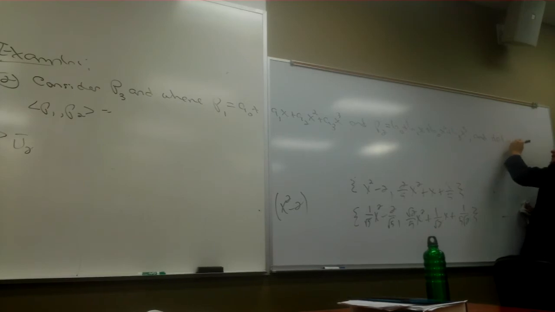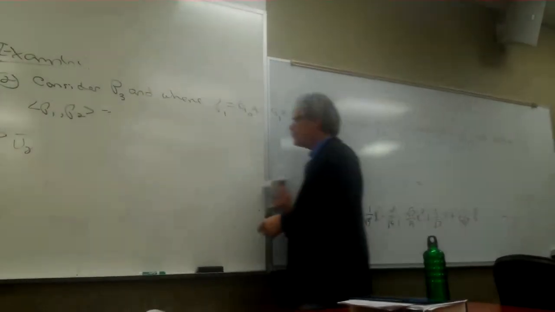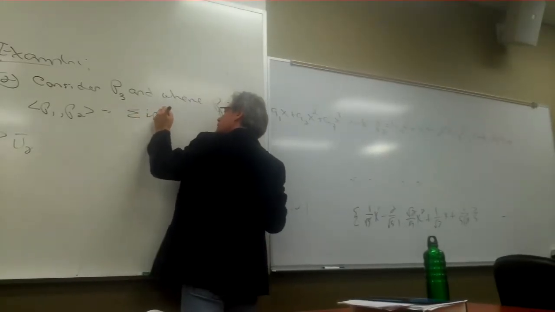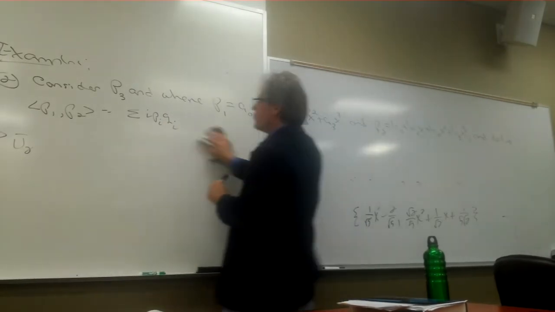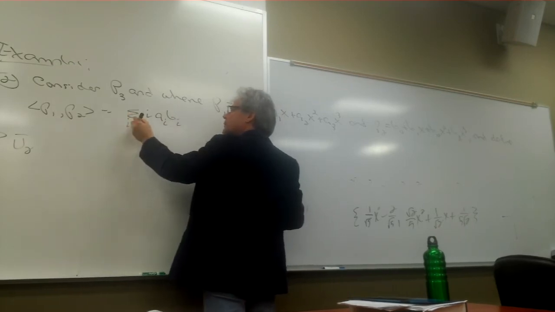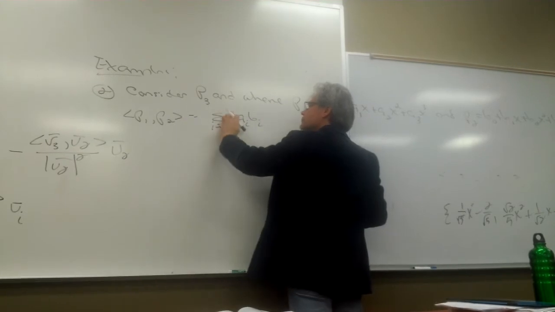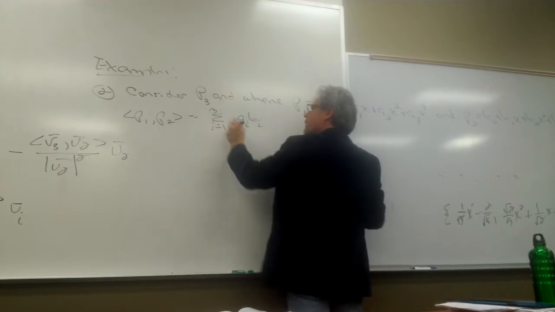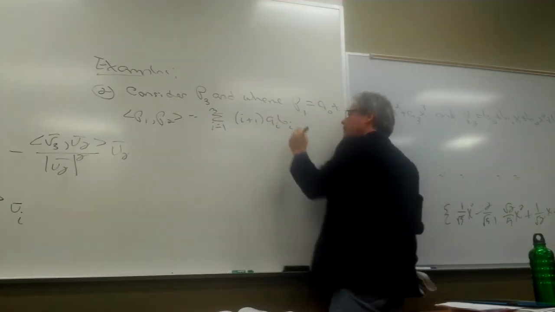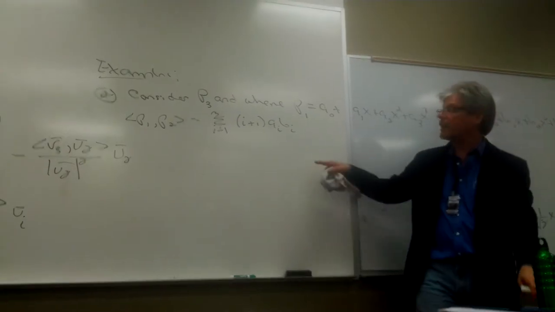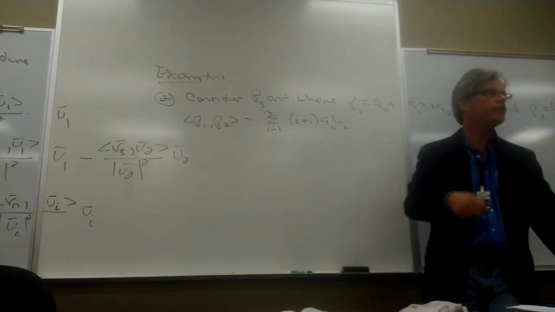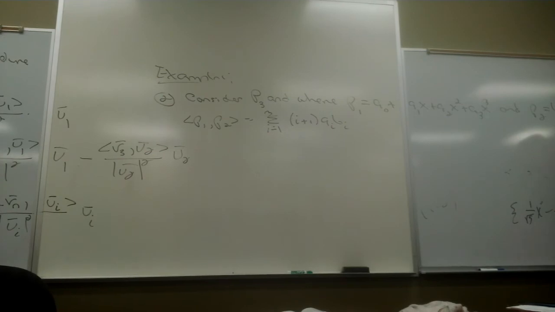Unless you and I define an inner product in the following fashion. The inner product of P1 and P2 will be the sum of i times a sub i, b sub i, as i ranges from 1 to 3, but I'm going to change the coefficient. You guys, sorry for stumbling in this example. When I had just an i in there before, that would not generate an inner product. It would fail one of the axioms, the first one. So I had to change it. All right, that makes more sense.